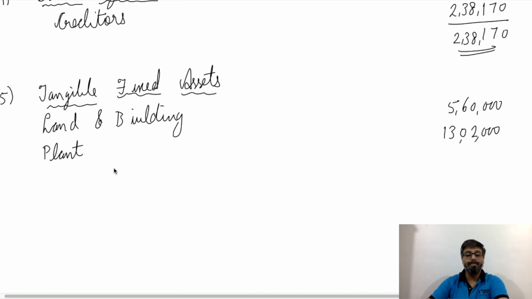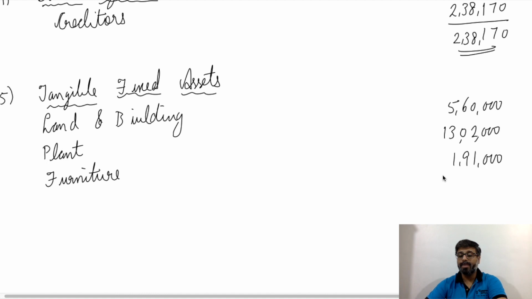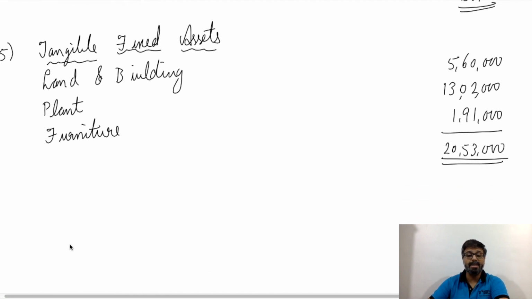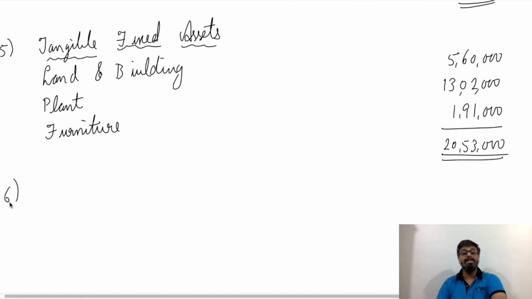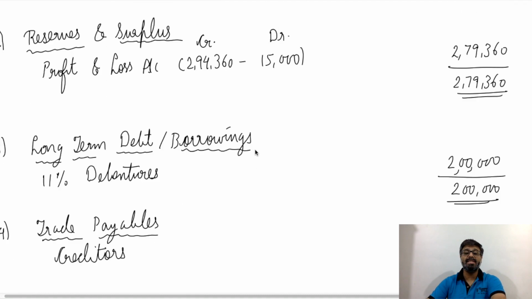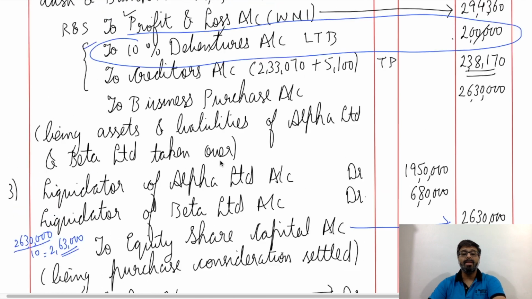And then we have furniture of 1,91,000. That is also a tangible fixed asset. So what are the total tangible fixed assets? We have 20,53,000 tangible fixed assets. Then after tangible fixed assets, we had intangible fixed assets, which include goodwill and other items.